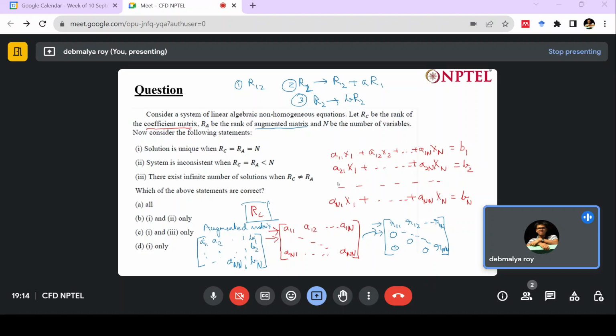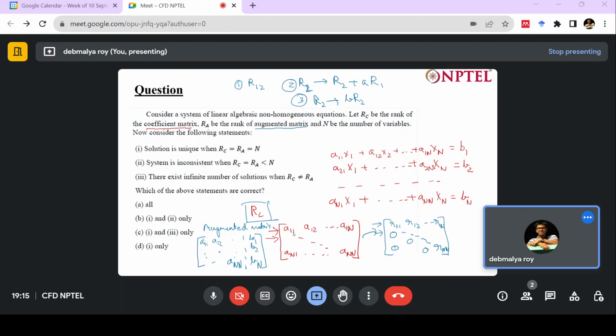When RC is not equal to RA, what does that mean? One thing we must understand is that RA must always be equal to or greater than RC. It can never happen that the number of non-zero rows in the coefficient matrix is greater than that of the augmented matrix, because the augmented matrix includes the coefficient matrix.